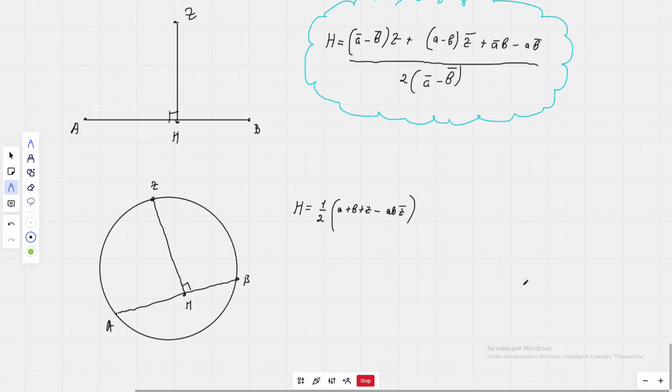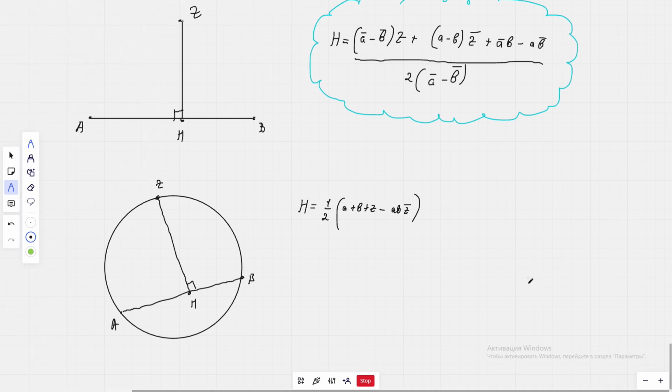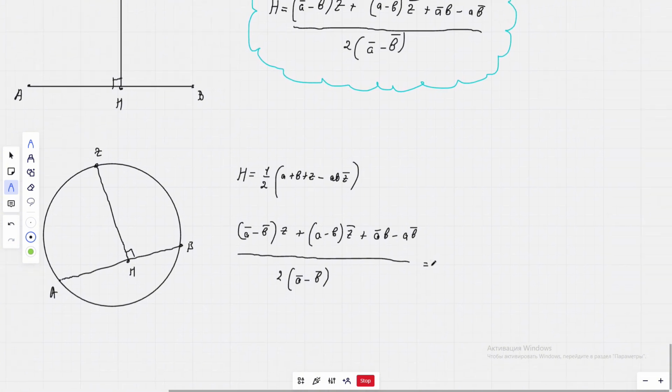How did we get this? Well, firstly, let's consider this formula. So we have that A conjugate can be rewritten as (A conjugate minus B conjugate) multiplied by Z divided by 2 (A conjugate minus B conjugate), plus.